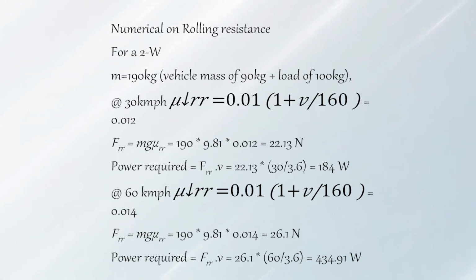Now, the same vehicle, if it is moving with 60 kilometers per hour speed, m does not change because the vehicle mass and the load is same, g does not change, it is a constant 9.81.